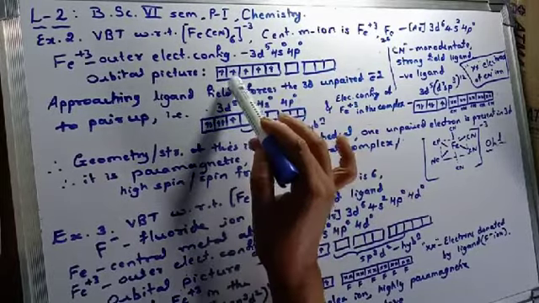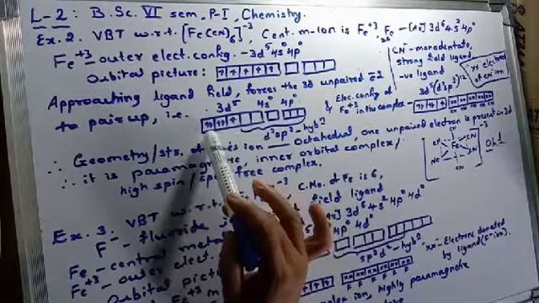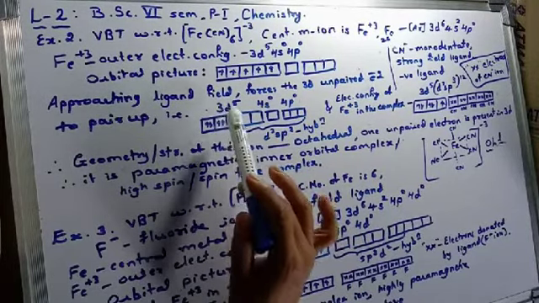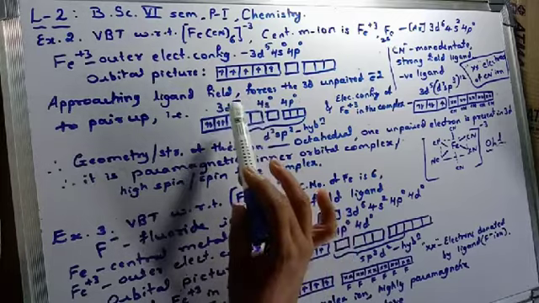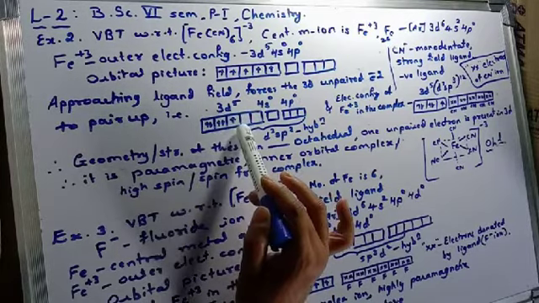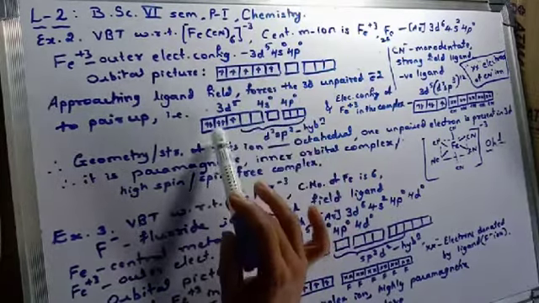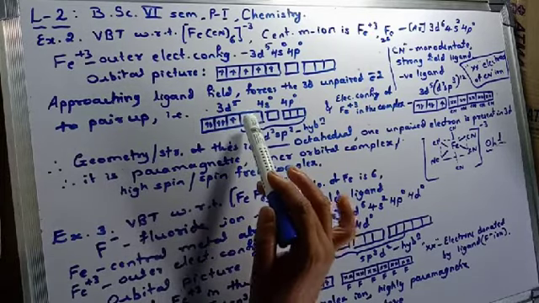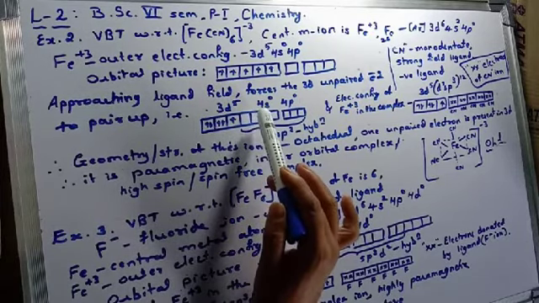So now the 3d electrons are forced to pair up in this way. They are placed in 3 orbitals of 3d. That means out of 5 d orbitals, 3 orbitals are now occupying 5 electrons, 2 plus 2 and 1 electron, thereby making 2 of the 3d orbitals empty.